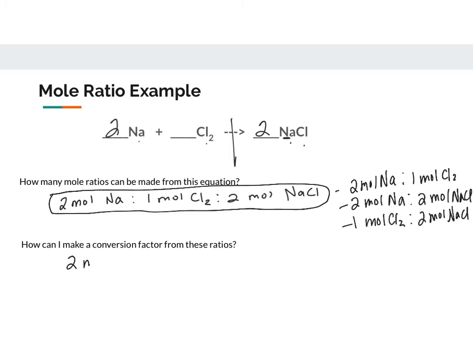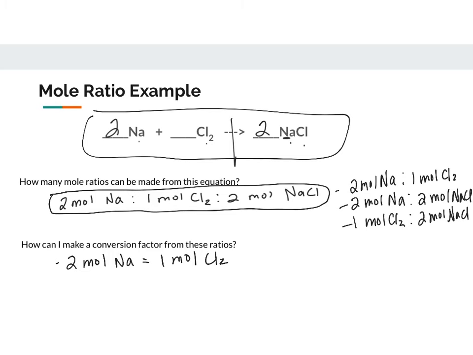So I can say that 2 moles of Na is going to be equal to 1 mole of Cl2. So this is giving me the relationship based on my balanced chemical equation. I can also say that 2 moles of Na is equal to 2 moles of NaCl.